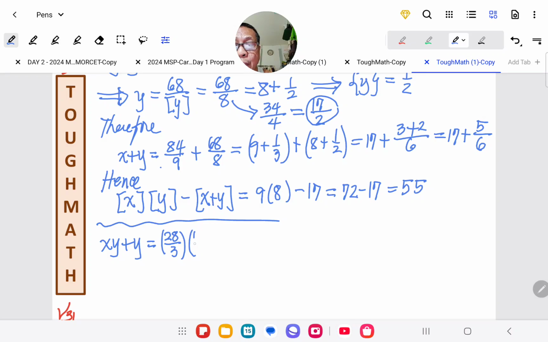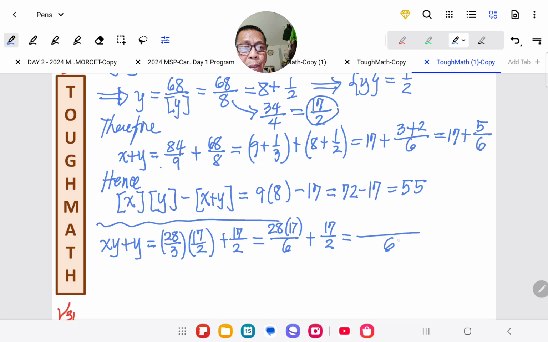So we have 28 over 3 times 17 plus 17 over 2. So the least common denominator is 6.